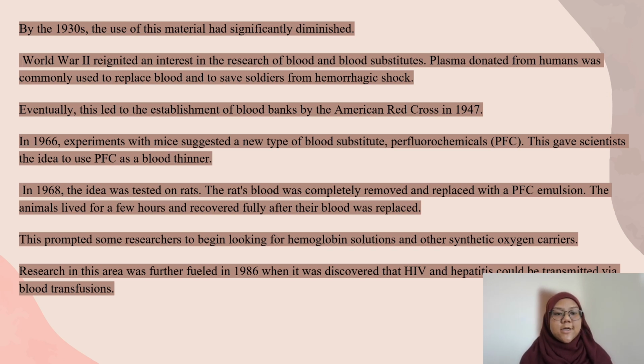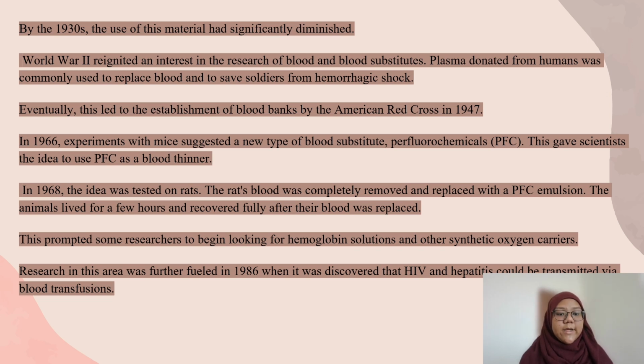In 1966, experiments with mice suggested a new type of blood substitute, which is called perfluorochemicals (PFC). This gave scientists the idea to use PFC as a blood thinner. In 1968, the idea was tested on rats. The rats' blood was completely removed and replaced with a PFC emulsion. The animals lived for a few hours and recovered fully after their blood was replaced.